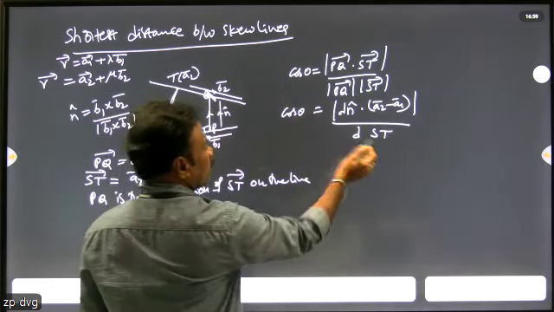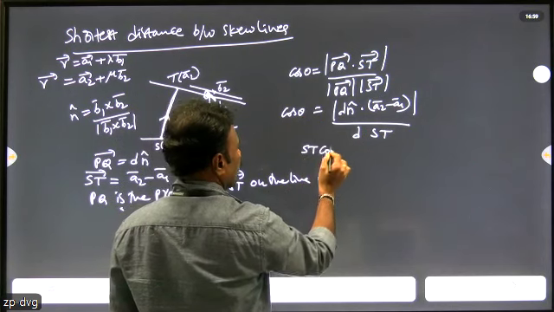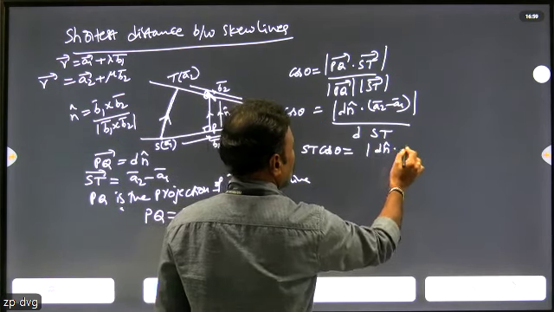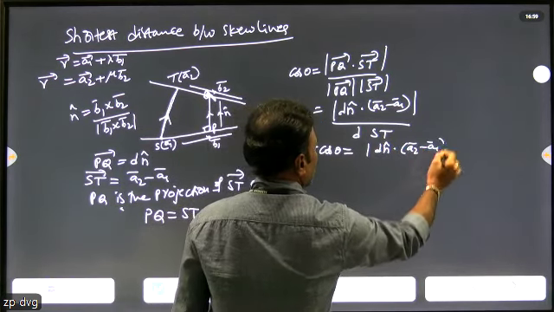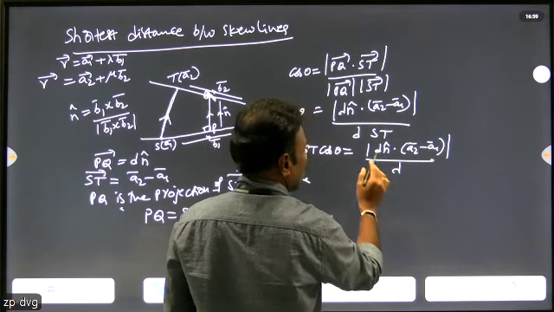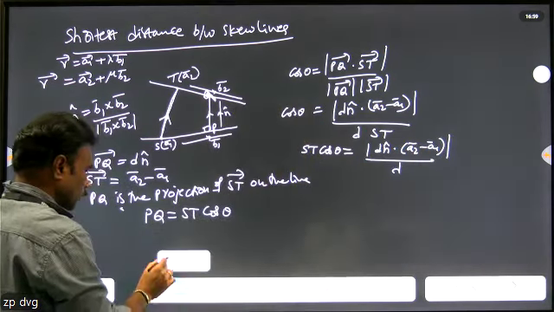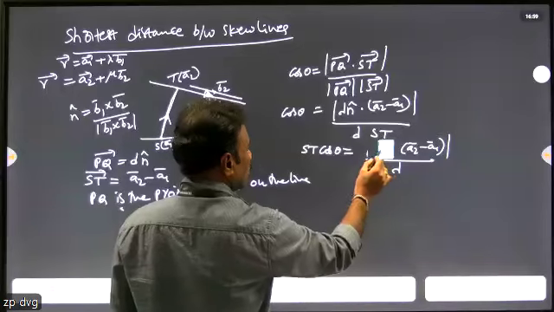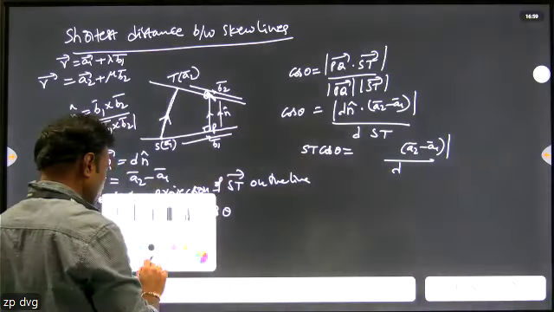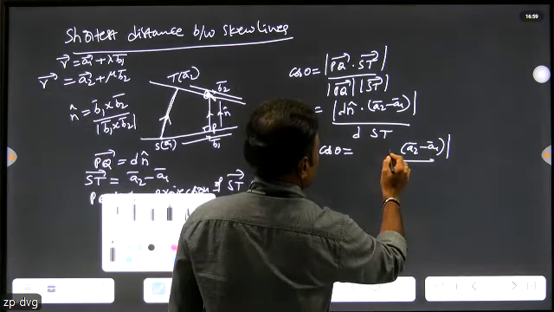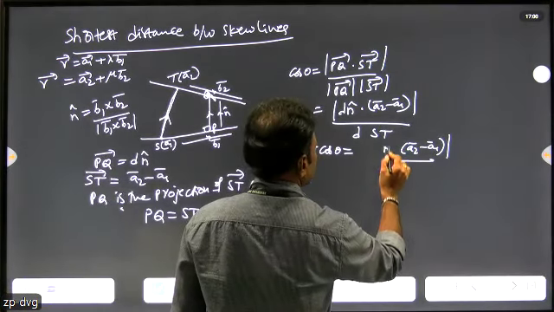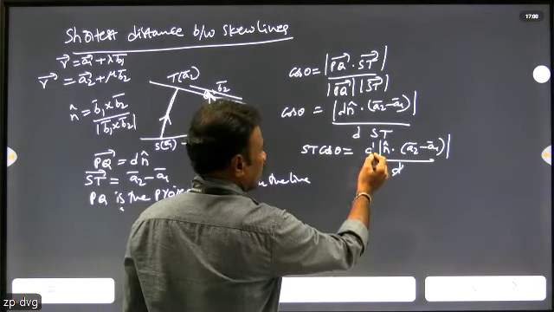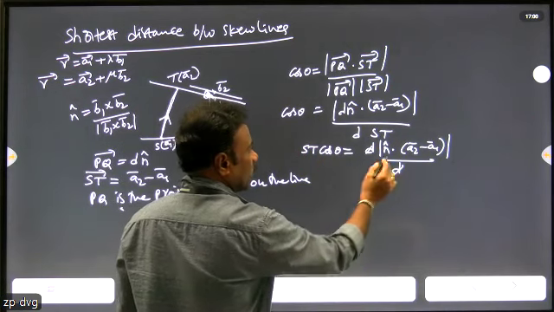Then ST into cos theta is equal to D into n cap dot A2 bar minus A1 bar by D. If you bring D outside, this D gets cancelled, and you get ST cos theta equal to the remaining part.